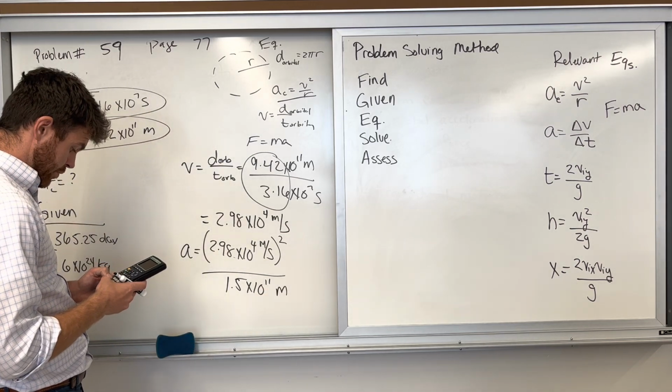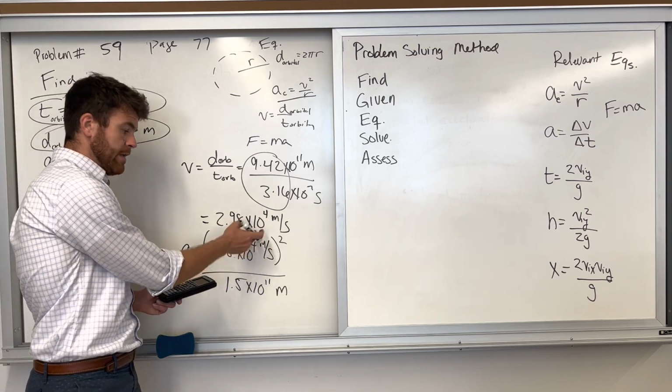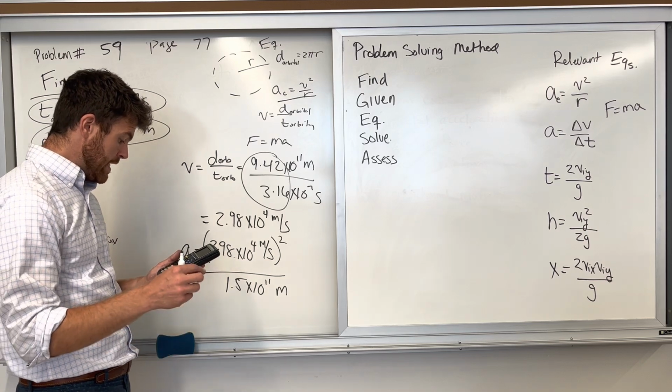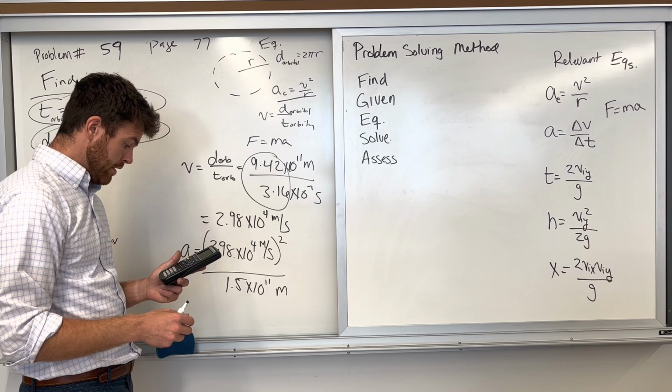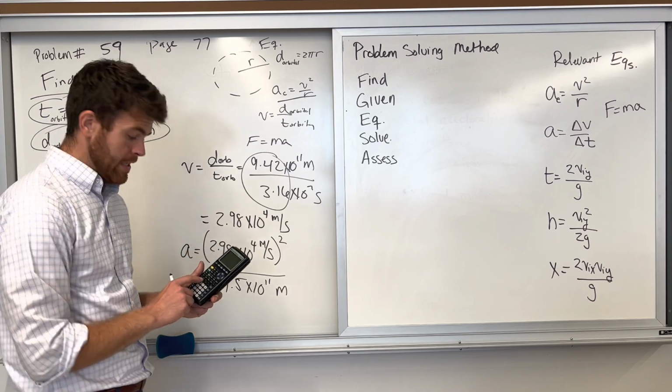Use the scientific notation button on your calculator. There should be an EE button on your calculator.